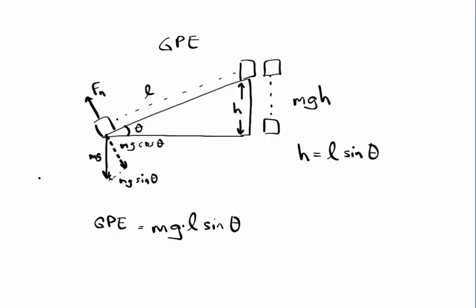If this ramp has no friction, and there is an applied force that I'm using to push it up the ramp at a constant speed, I know that that force pointed up the ramp has to be equal to the force that's down the ramp, which is mg sine theta. And so if I calculate the work that I'm doing, the force would be mg sine theta, and the distance that I push it would be L.